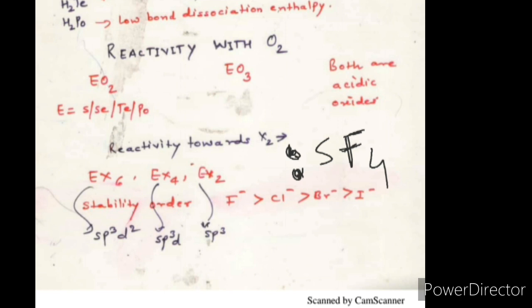Now, how many pairs of electrons do you have? If you count, you have 4 bond pairs, that means 4 sigma bonds, and you have 1 lone pair. Total number of electron pairs is 5. Hence, 5 means sp3d, 6 means sp3d2, 4 means sp3.